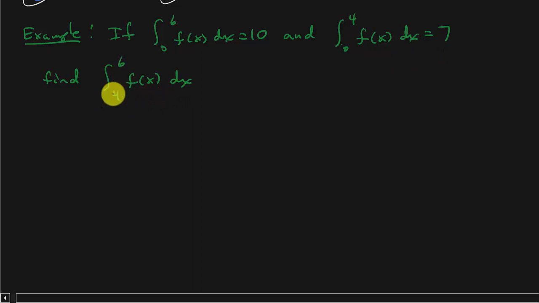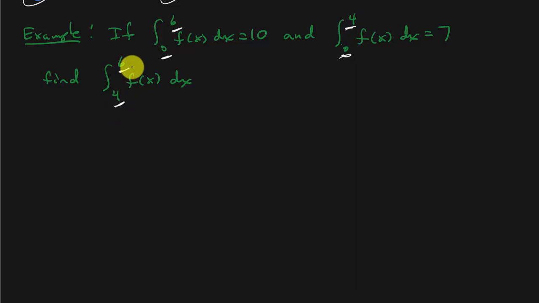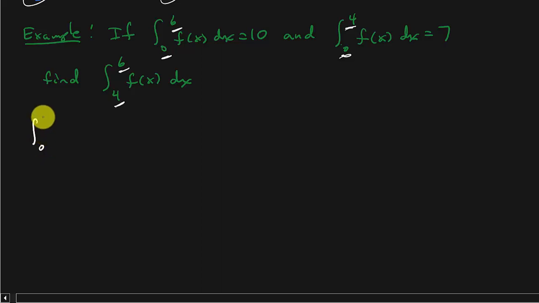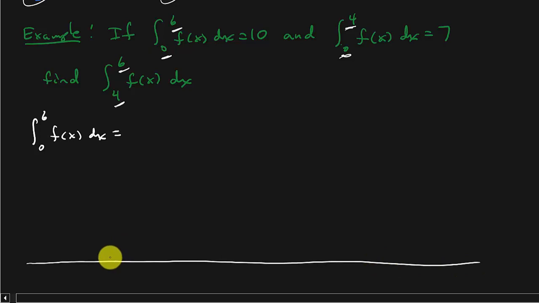All right. So you can see let's look at these limits here that we have on our integrals. The biggest one we have is 0 to 6. Okay, that's the biggest one. So I'm going to write that 0 to 6 f of x dx is equal to, now I want to split that up. Okay, so if I'm going to split that up, look, I'm going from 0 to 6, and what do I have?